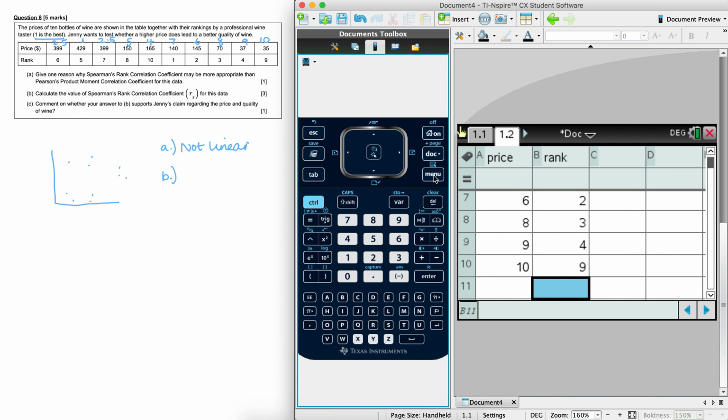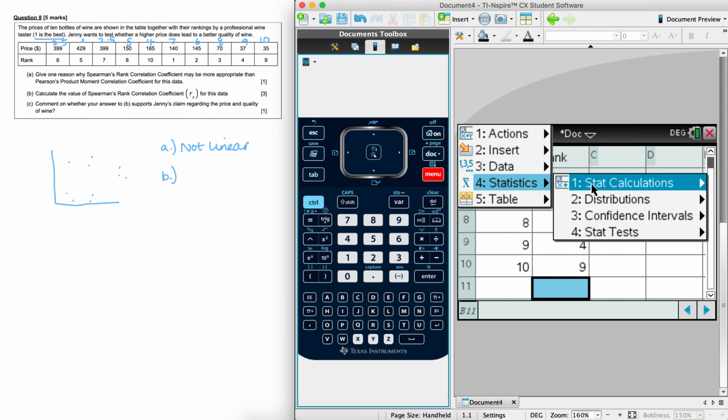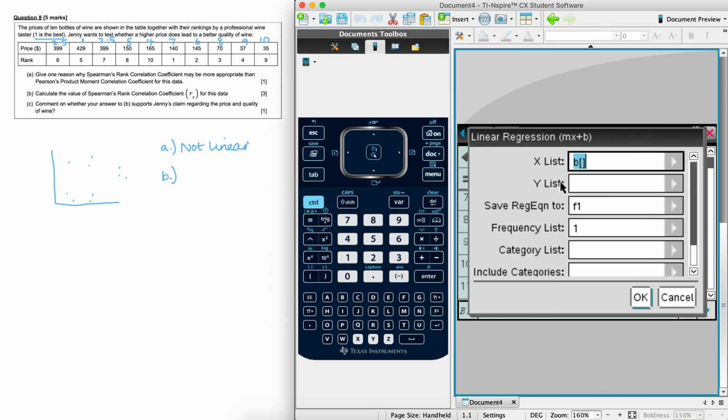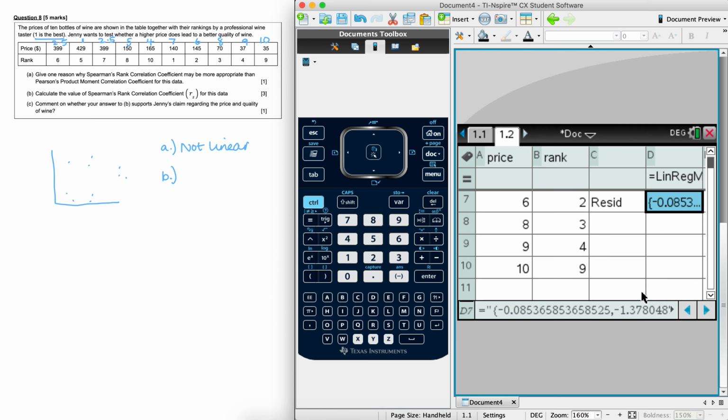And then we're going to do exactly what we would normally do for Pearson's. It's just that we're doing it on the rank rather than on the original data. So we've got the price against the rank, and we click OK, and the R value there is minus 0.19. Okay, so that's the Spearman's R value because we put the rank into the calculator.